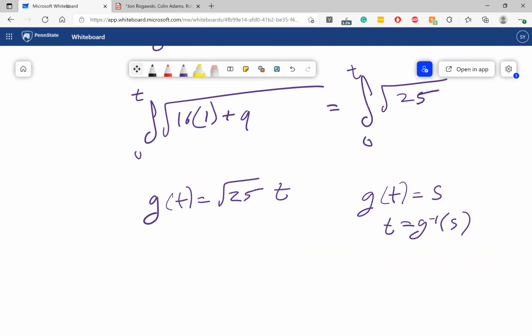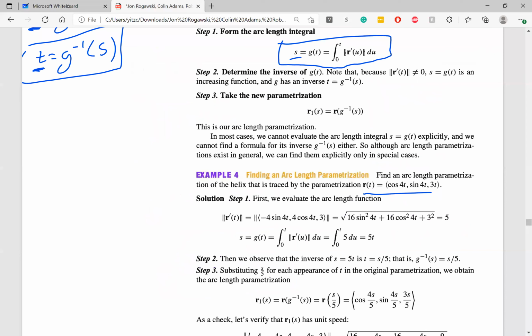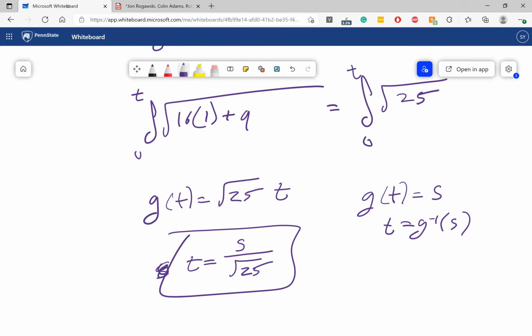So that tells us that our t is going to be equal to s over the square root of 25, which is 5. Okay, does this make sense? So when you get one fixed velocity, it's generally very easy to find the inverse. You just divide, so we get s over 5.